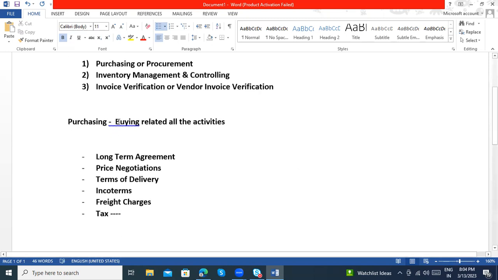Again, the tax information will be there. So there are so many activities which we perform in purchasing.